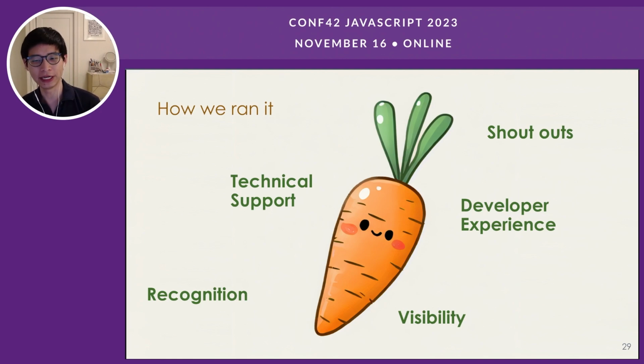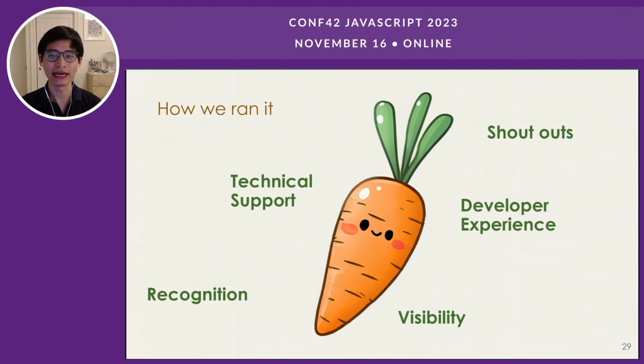The developer experience of this, the red squiggly lines, for example, sometimes breaks. And so our team was always there to help fix those issues. We provided lots of shout outs to engineers.